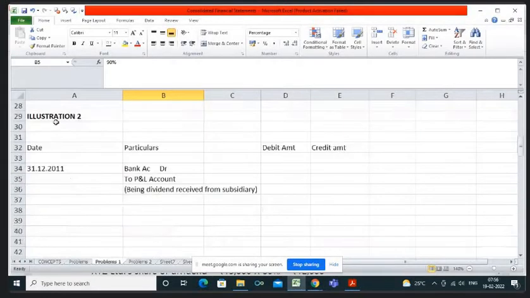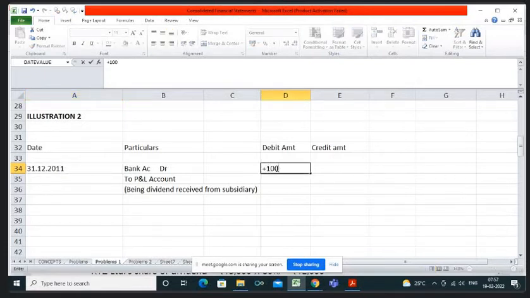Illustration number 2: you have to pass a journal entry as on 31st December 2011. The journal entry will be for receipt of dividend. How much amount will we receive? The total capital of the subsidiary is 1 lakh.